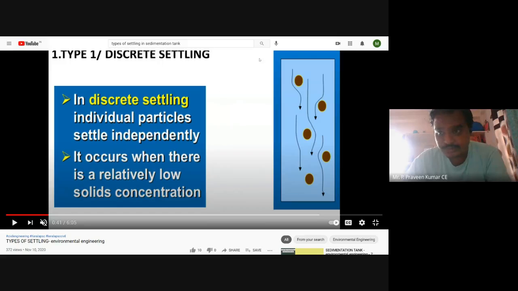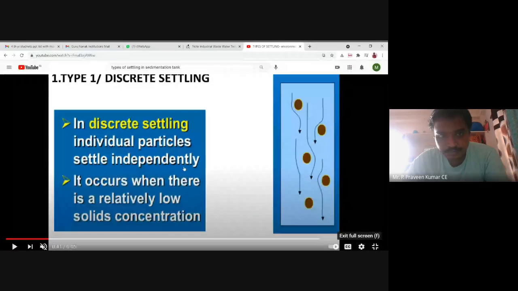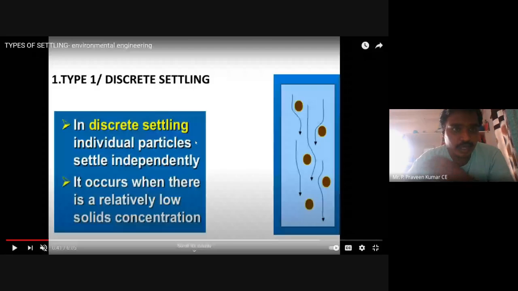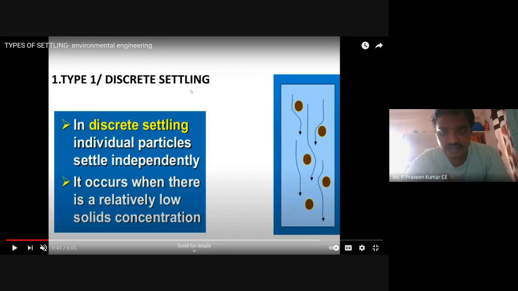Okay, see the first type. Type 1, discrete settling. See here in the picture, you can observe that the particles are moving downward individually. The meaning itself says that the particles will settle at the bottom of the tank individually.